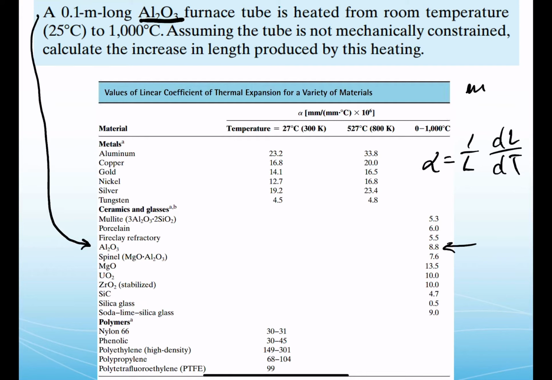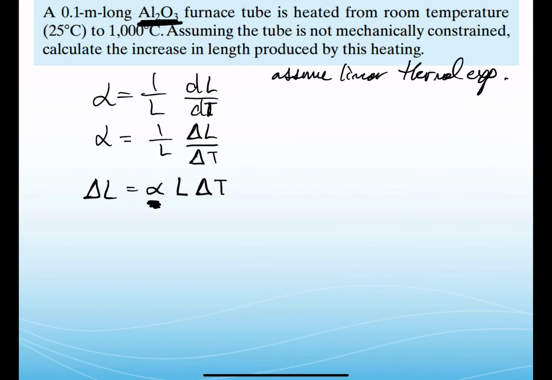millimeters per millimeter degree C. We're also given the original length, 0.1 meters at the low temperature condition.